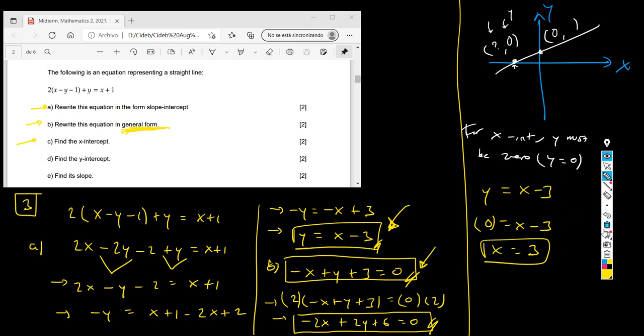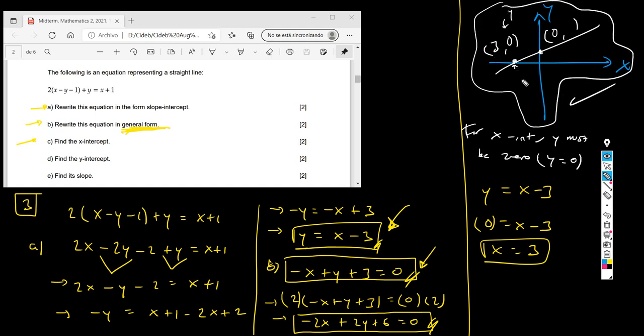And that's it. That's the value of your x-intercept for this particular line. Now you may be thinking, teacher, this is wrong. This drawing is wrong because the x-coordinate of this point cannot be positive. I agree with you, but if you notice, I drew this diagram without telling you that this line was this one.